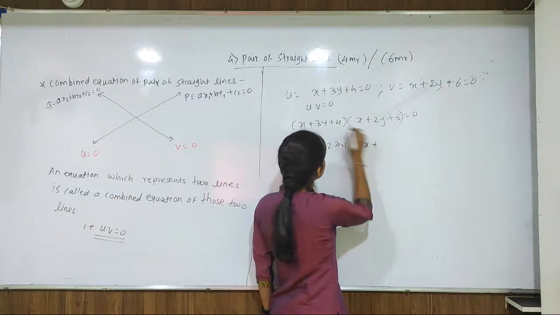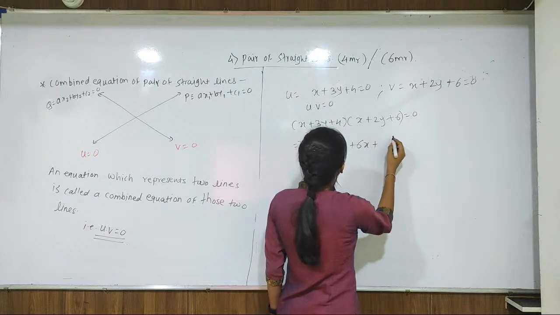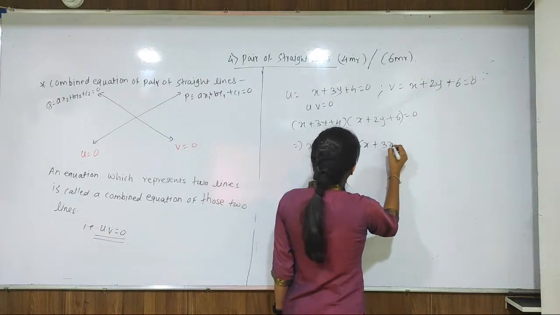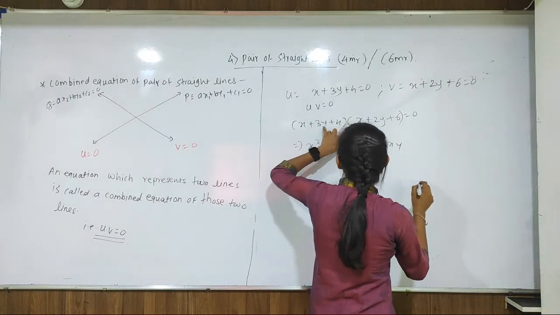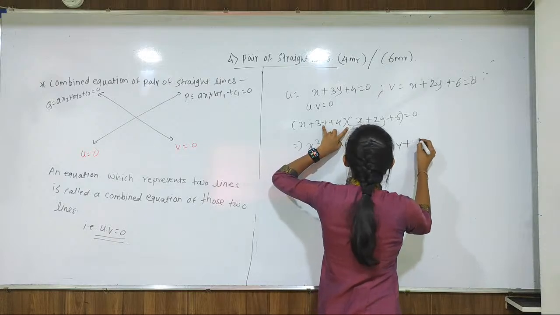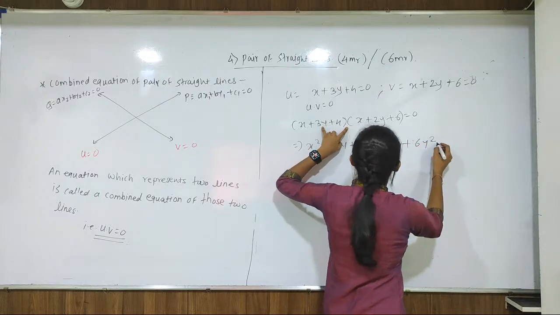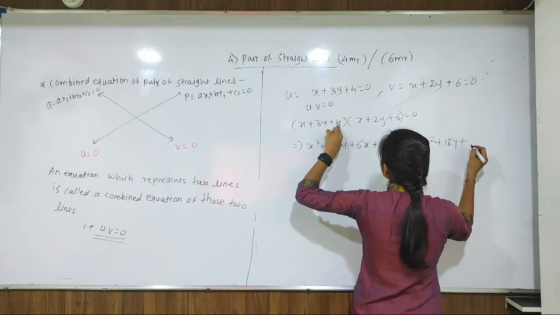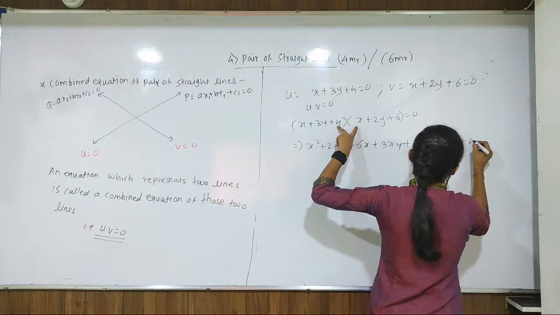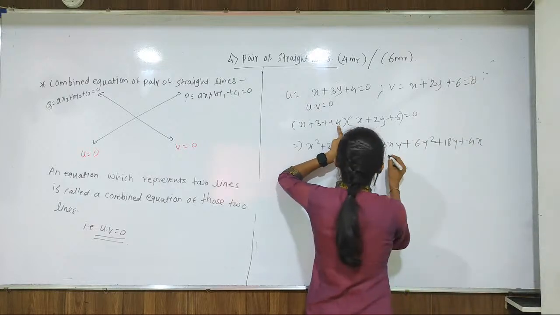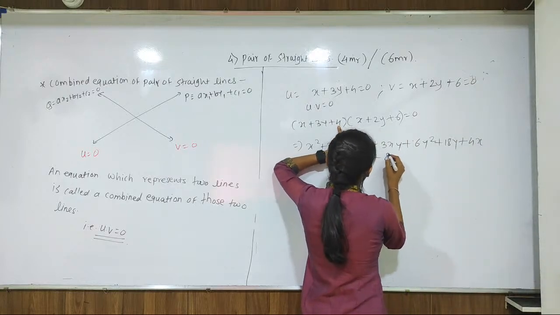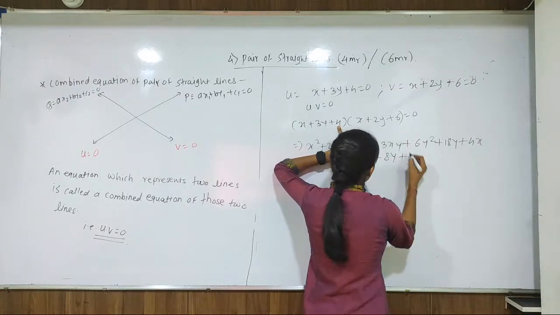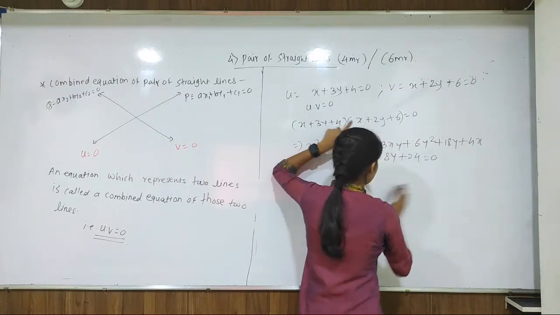6x plus 3xy plus 6y square plus 18y plus 4x plus 8y plus 24 is equal to 0.